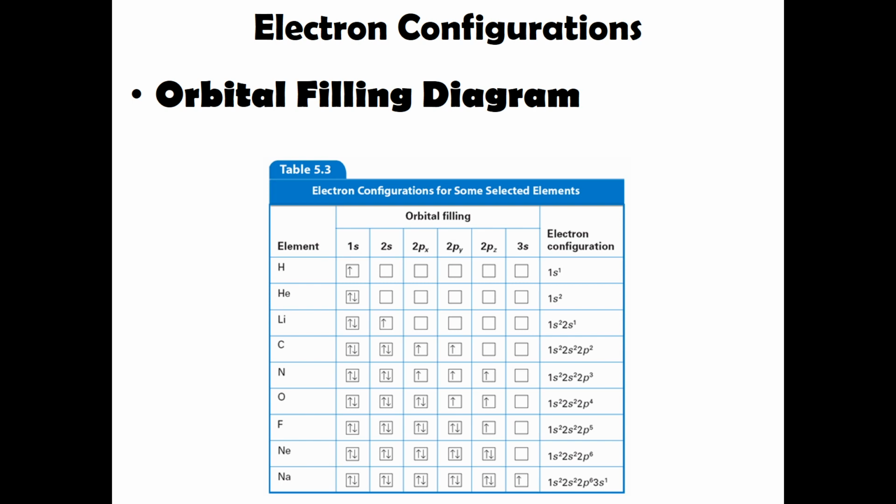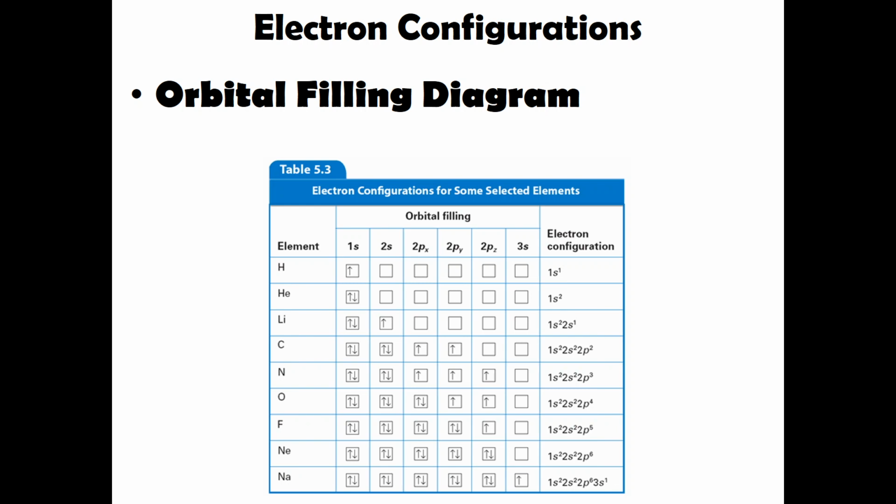So I've been calling this the longhand; it's technically called the orbital filling diagram. This is where you actually fill out every single one with up arrows and down arrows for the electrons. So remember Hund's rule and Pauli exclusion.